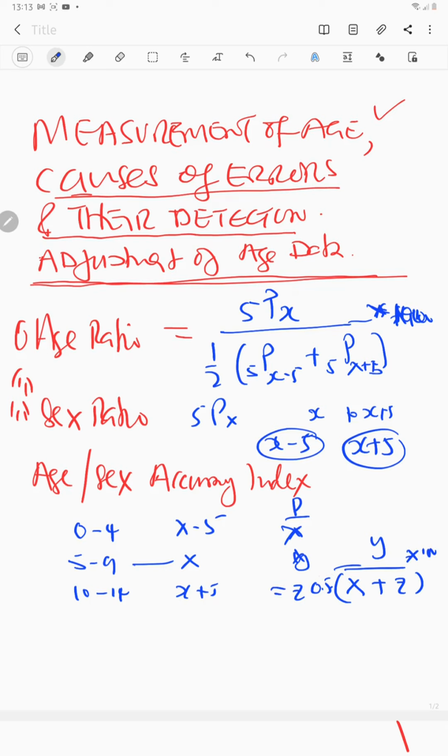Now the computed age ratio is compared with the expected value, which is usually 100. The discrepancies detected at that level are how you can understand whether the population has error or not. That's the most important part.